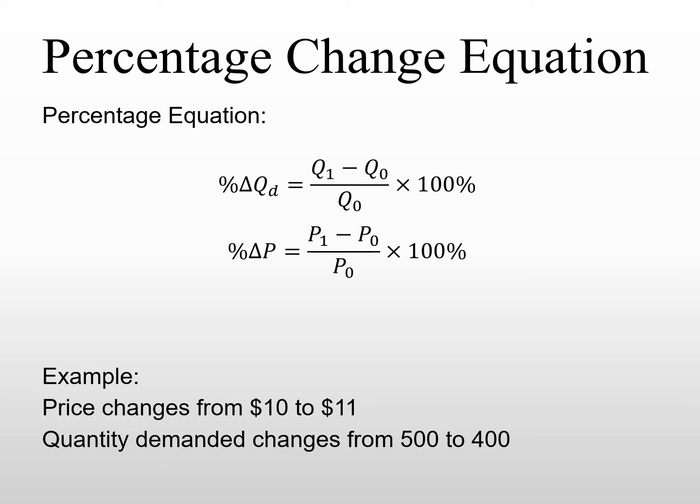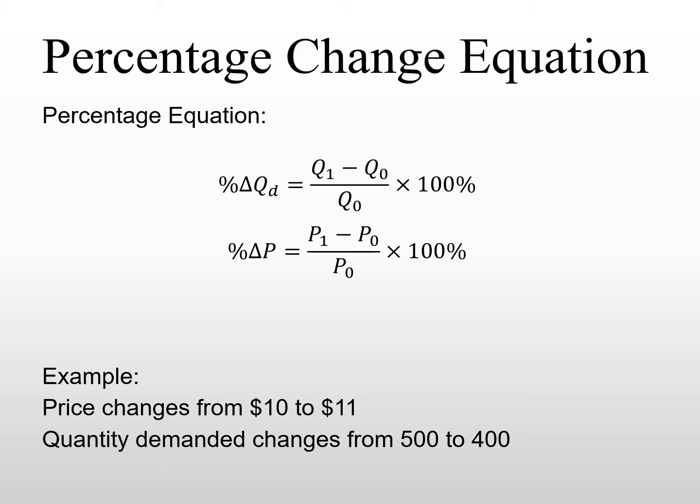When we talk about the percentage change in quantity demanded and the percentage change in price, you have to adapt to these percentage change equations. This is an easy way to calculate the percentage change. In later videos, I'm going to give you an idea of how to use different rules or calculations to calculate the percentage change of quantity demanded and price.